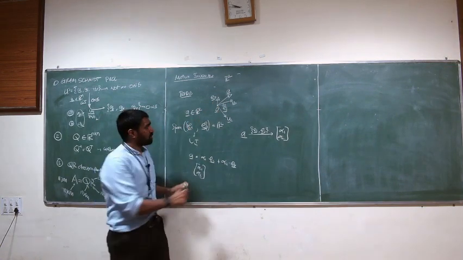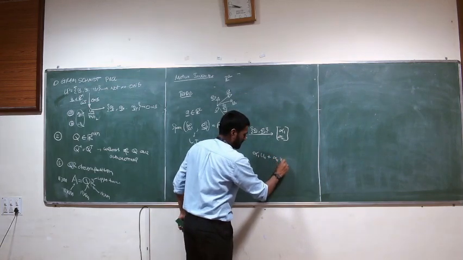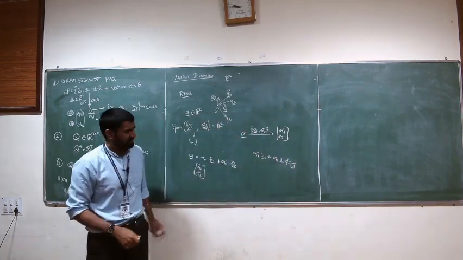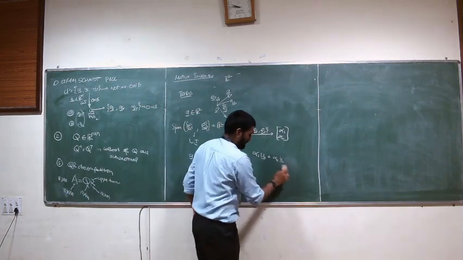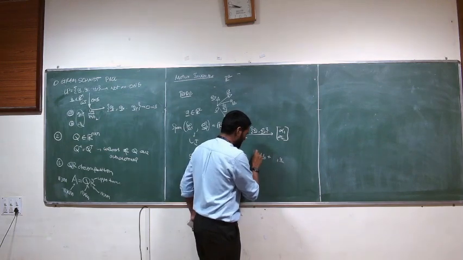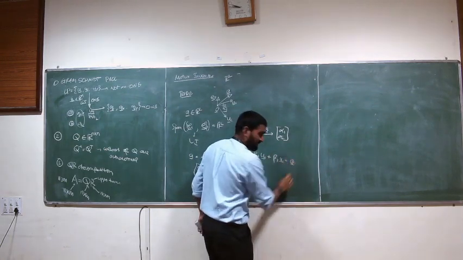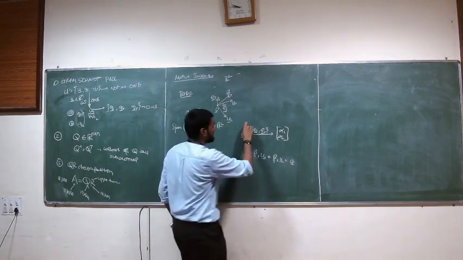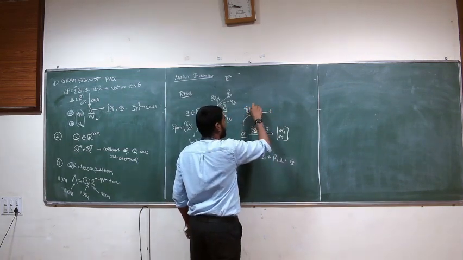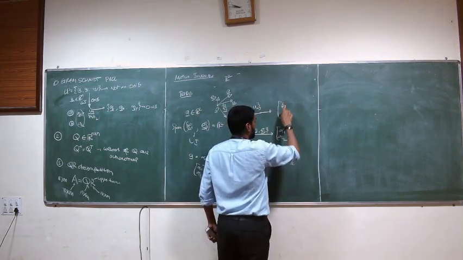So if you try alpha 1 U1 plus alpha 2 U2, this will not be equal to A. But because U1 and U2 form a basis for R2, there are definitely some other numbers, beta 1 and beta 2, that will give me A. It means the same vector has a different representation in the U1, U2 basis.